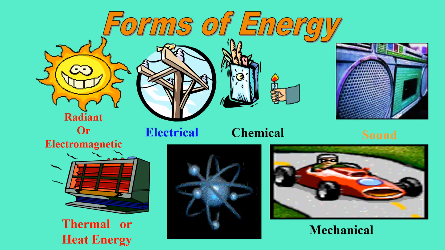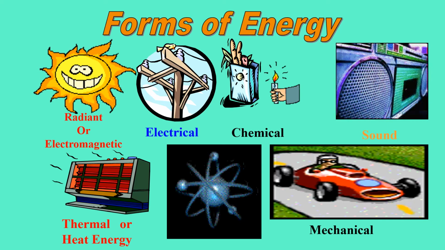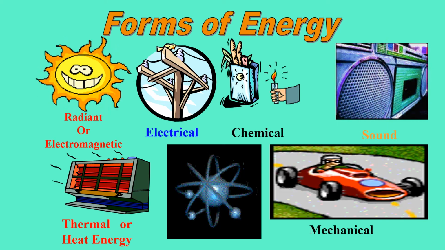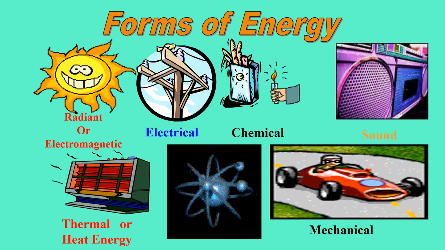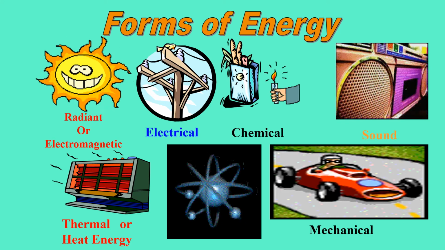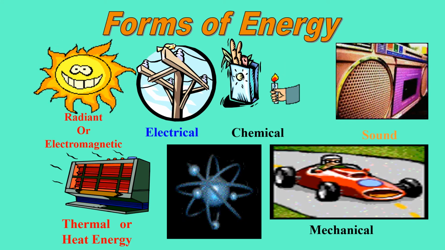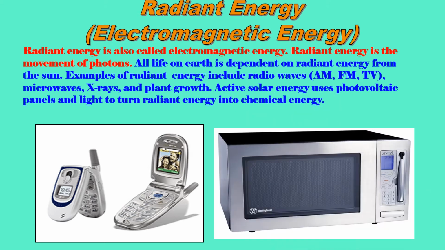Here are the forms of energy: radiant or electromagnetic energy, electrical energy, chemical energy, sound energy, thermal or heat energy, and mechanical energy. Radiant energy is also called electromagnetic energy. Radiant energy is the movement of photons.